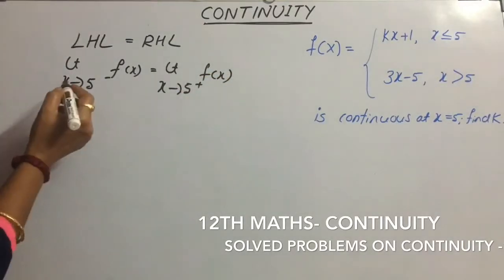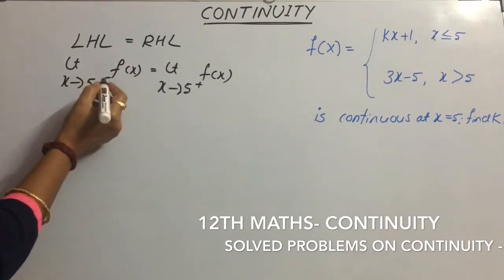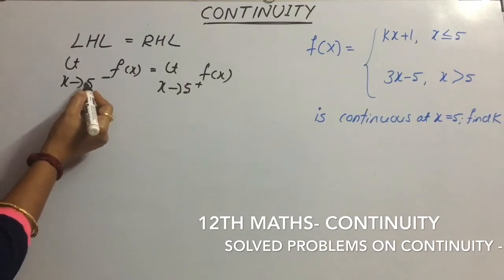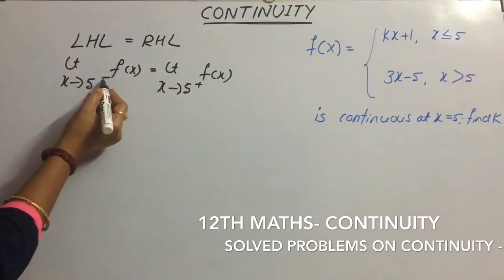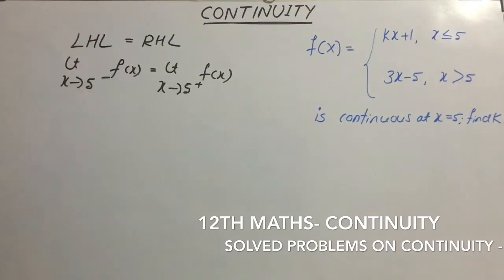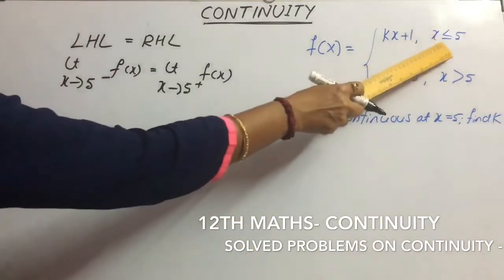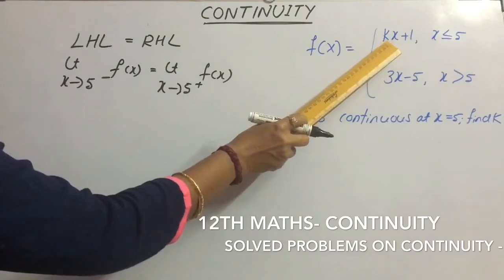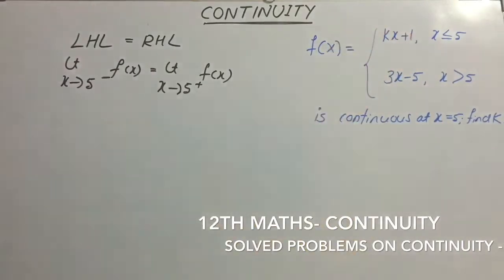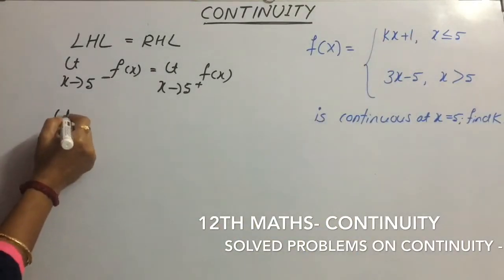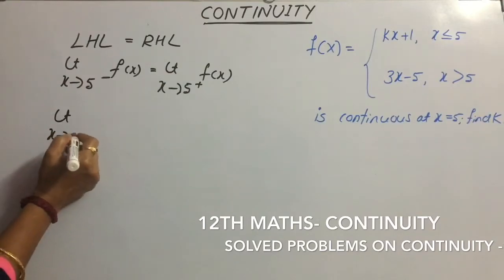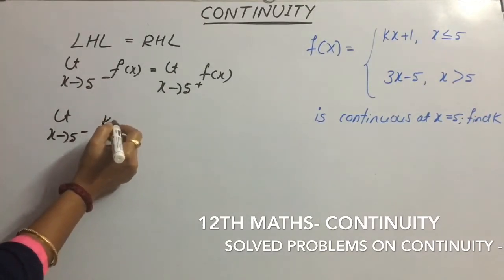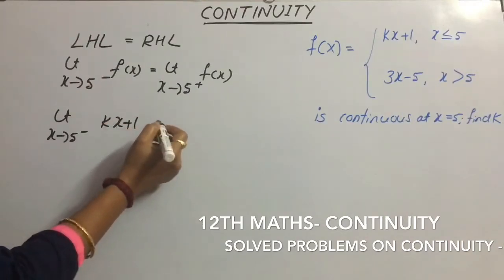That means limit x approaches 5 minus indicates LHL value, means approaching 5 from the left hand side. That means giving values less than 5. When x is less than 5, the defined function is kx plus 1. So, limit x approaches 5 minus, in place of f of x, it is kx plus 1.